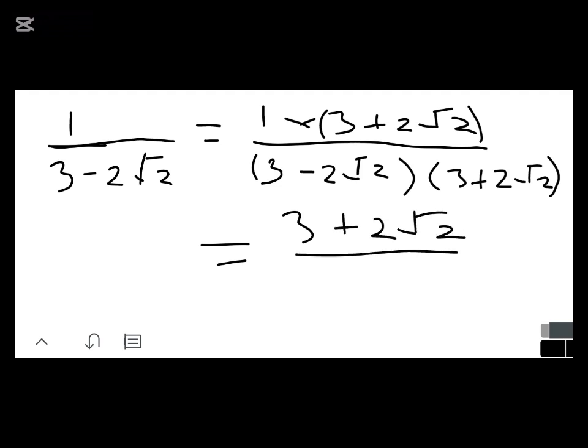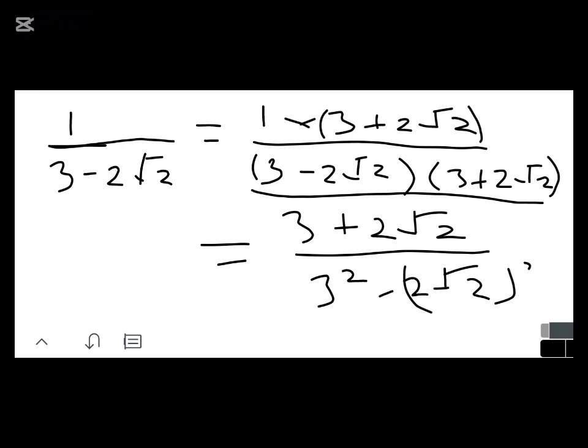Then we treat the denominator as difference of 2 squares. So this one will give us 3 square minus 2 square root of 2 all square. So let's continue from there.